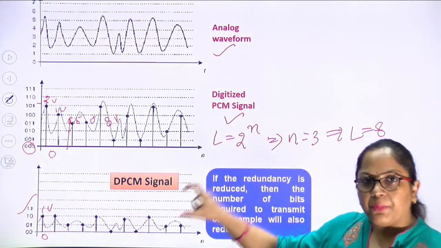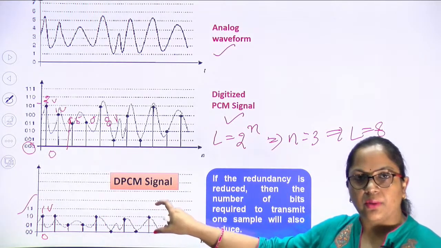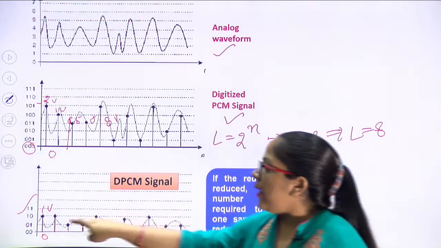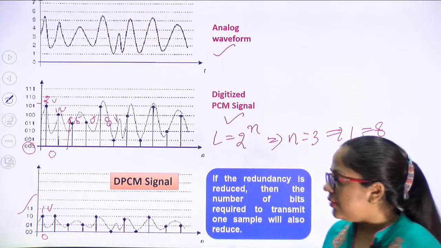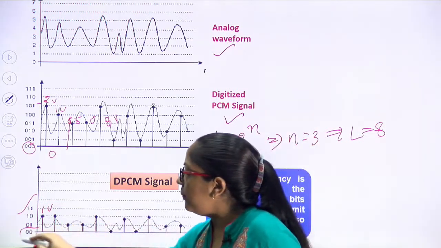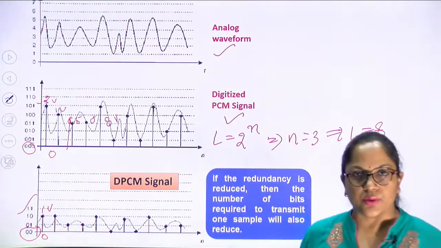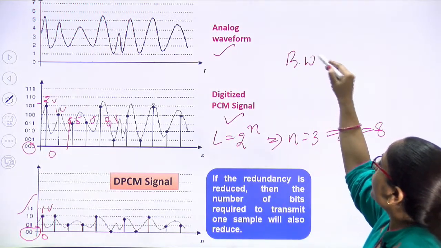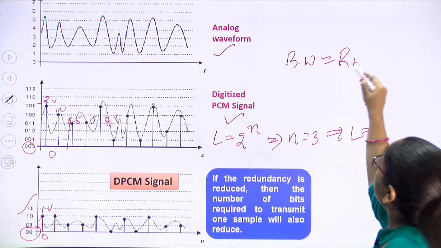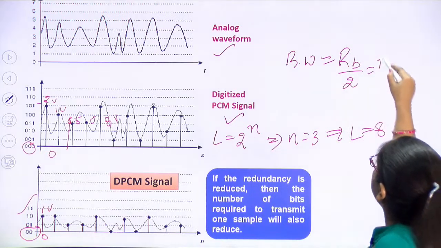So if the amplitude range is reduced, then we require fewer levels. If we require fewer levels, then automatically the bit requirement will reduce. If the bit requirement reduces, then the bandwidth requirement will also become less as per this relationship.